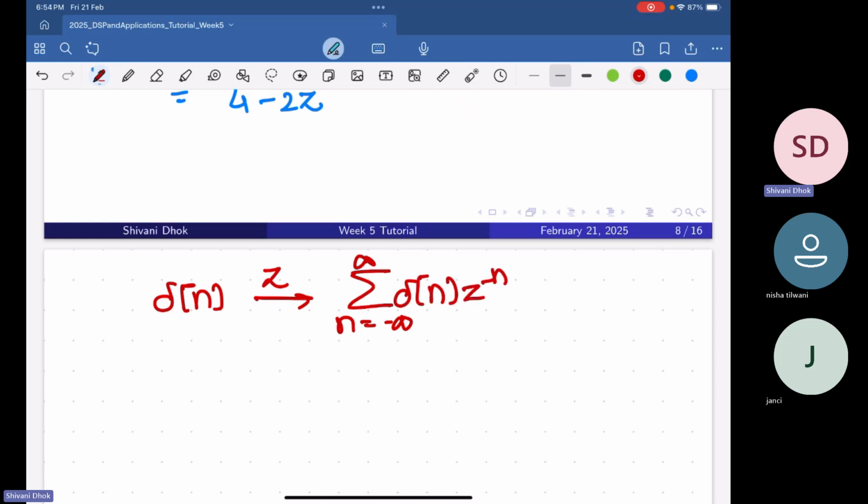Now the z to the power minus n will pick up that value of n at which this impulse is located, and this impulse is located at n equal to 0. So this is delta(n) into z to the power minus 0, which is simply 1.